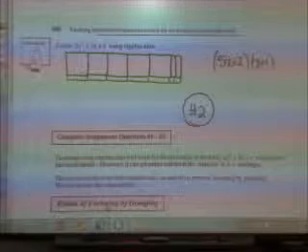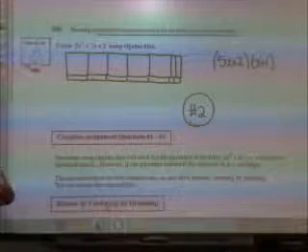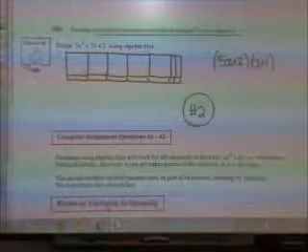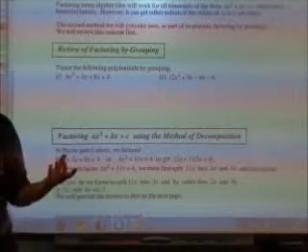So we want to move past having to use algebra tiles, and we want to find an algebraic solution to factoring these. So there are two ways that we can factor. The first way involves that grouping method. We talked about factoring by grouping at the beginning, I think it was lesson 2.